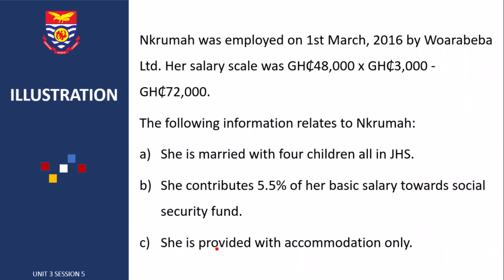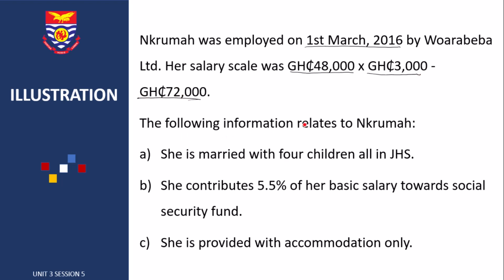Let us use this example to understand the format very well. Nkrumah was employed on 1st March 2016 by Warabeba Limited. Her salary scale was 48,000 Ghana cedis, increasing by 3,000 Ghana cedis to a limit of 72,000 Ghana cedis.